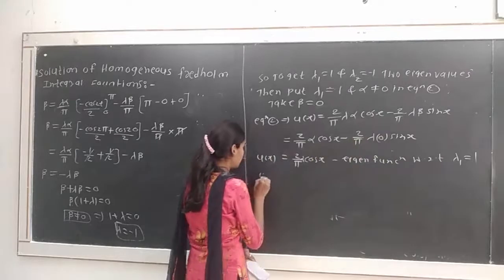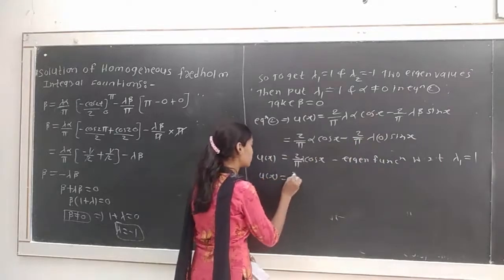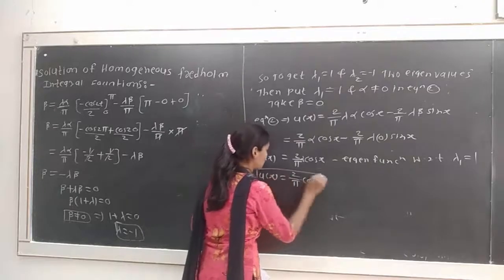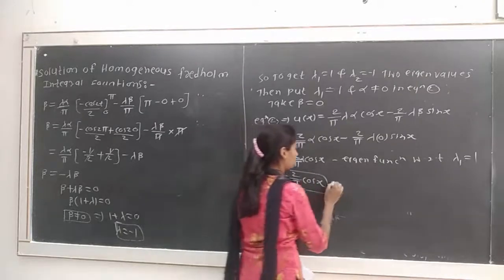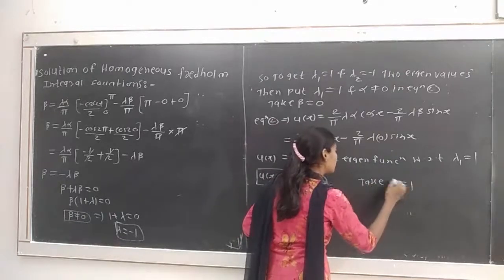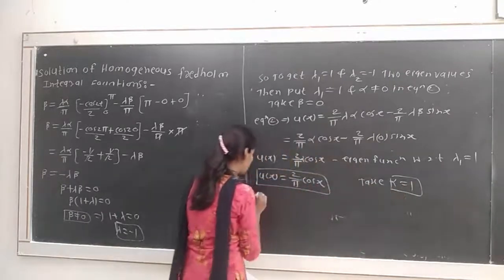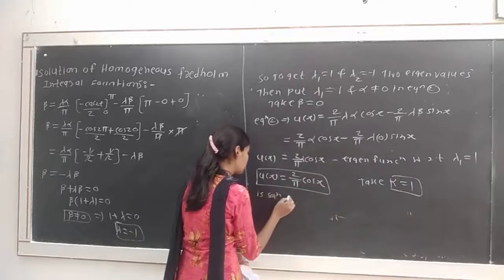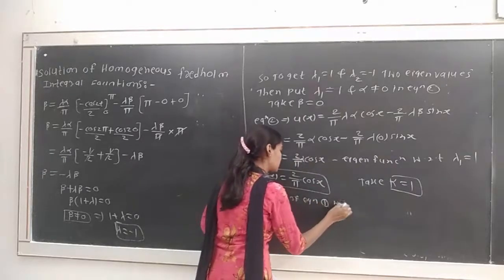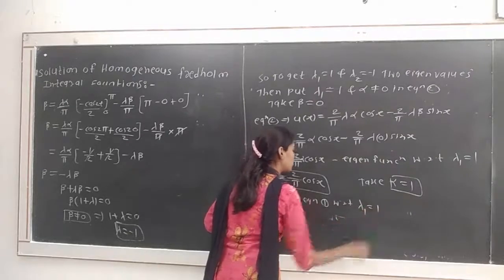Then u of x is equal to 2 by pi cos x. Take alpha is equal to 1, an arbitrary constant, and this is the solution of equation number 1 with respect to lambda 1 is equal to 1.